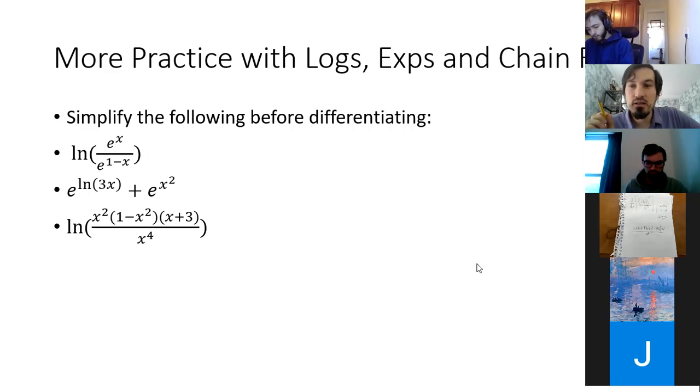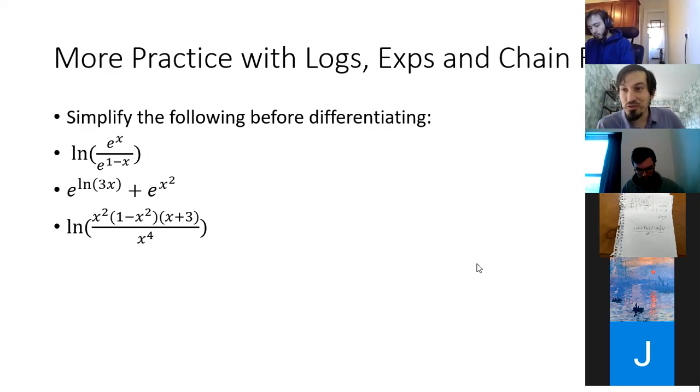Perfect. Amina took the numerator exponent, which is x, and subtracted the denominator's exponent, which is 1 minus x. There are 2 negatives on that x, so it becomes 2x minus 1. That's the right answer. e to the 2x minus 1.